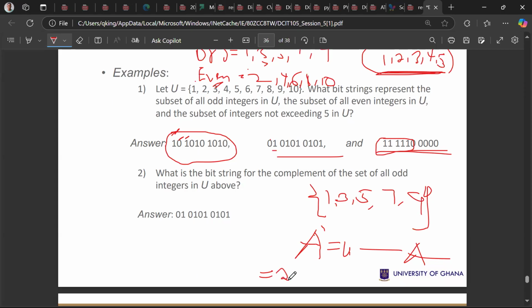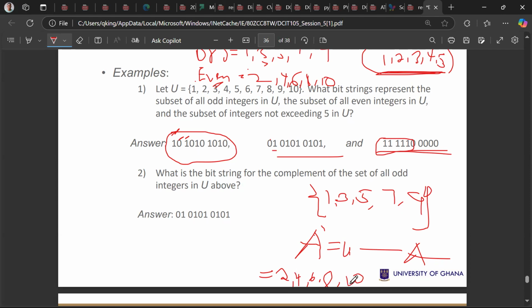So we are just going to be left with even numbers. We have 2, 4, 6, 8, and then 10. So now we have 2, 4, 6, 8, 10.